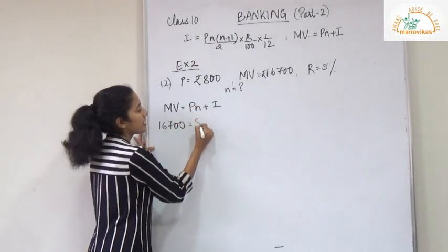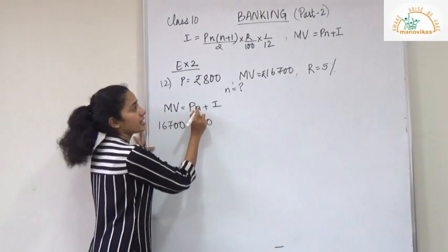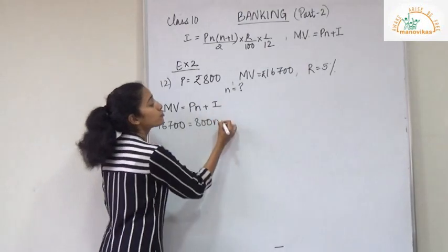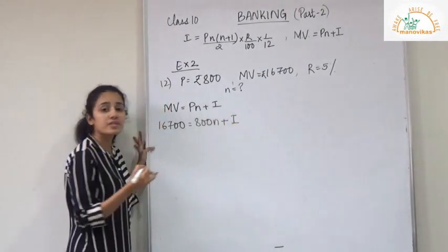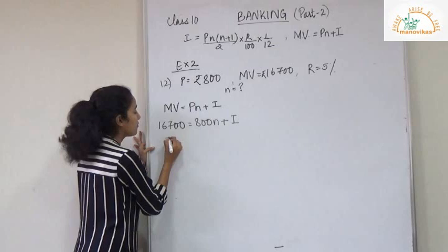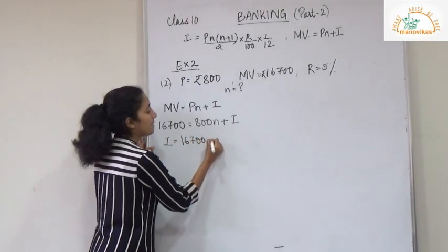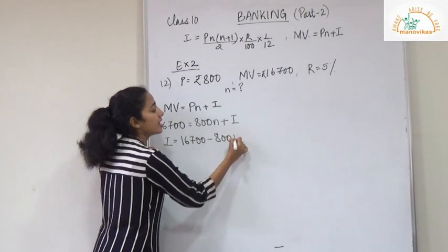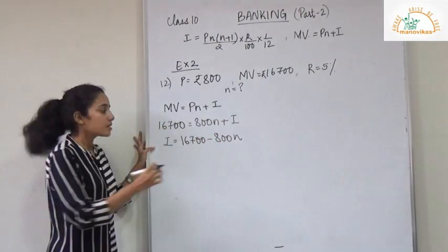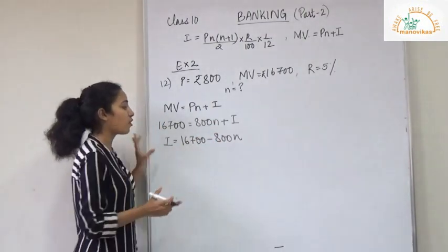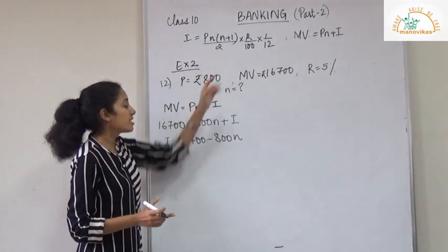Your principal is 800 into n. N is something you do not know, and you do not know what is your interest as well. So from here I will obtain the interest. Interest is 16700 minus 800n.